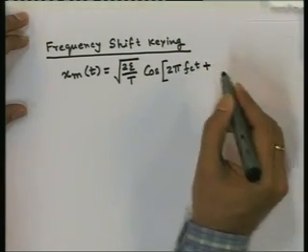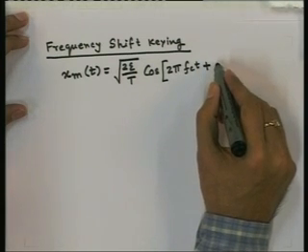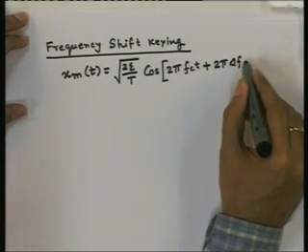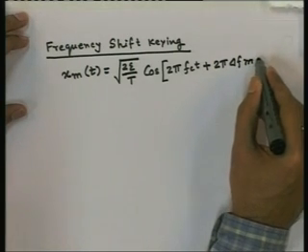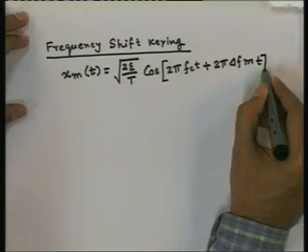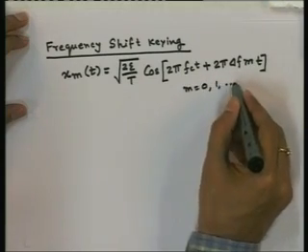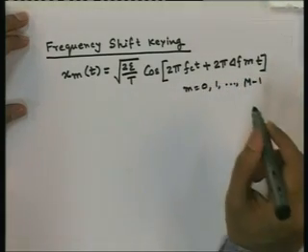So frequency is fc plus m delta f, for m equal to 0, 1 to M minus 1.